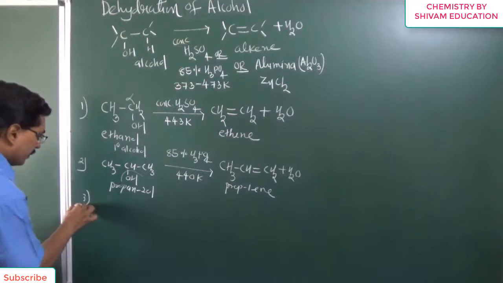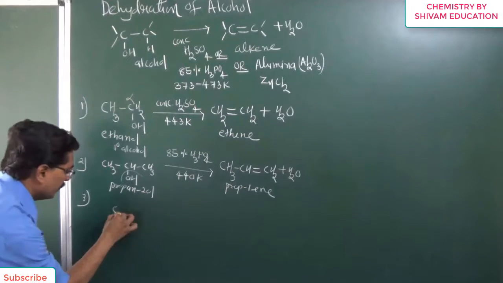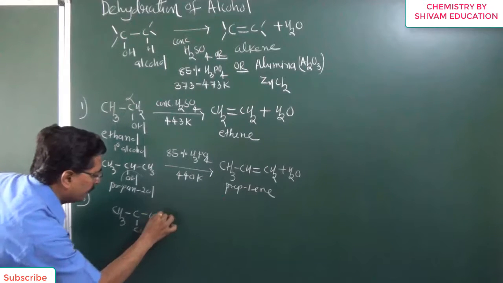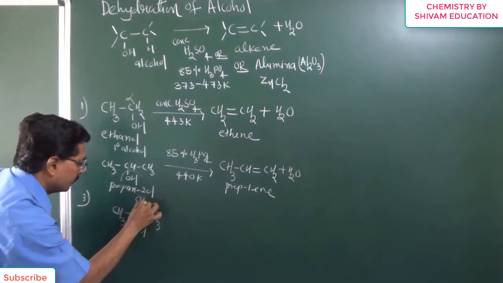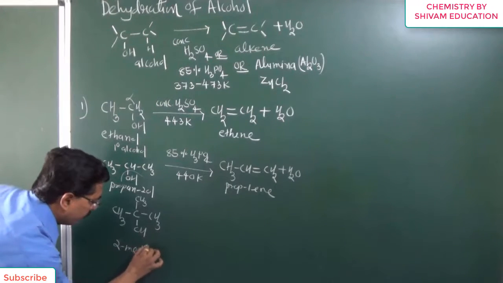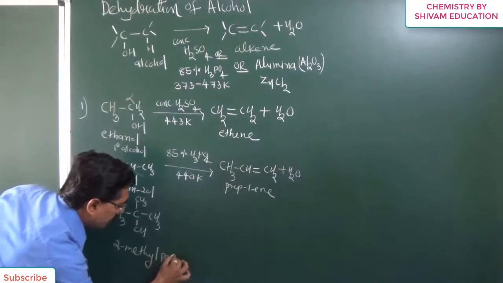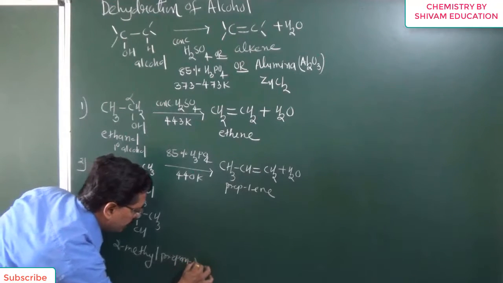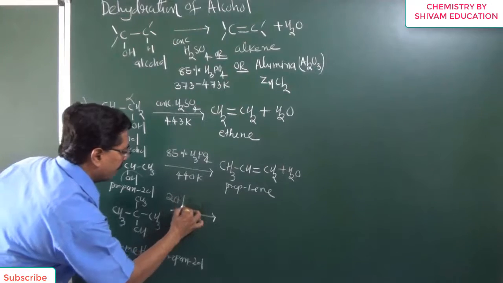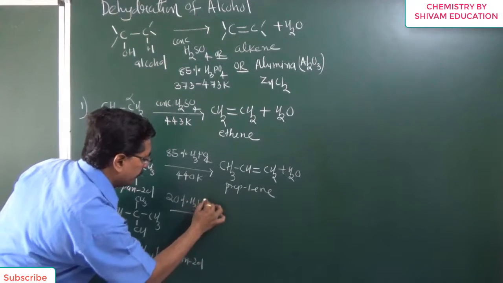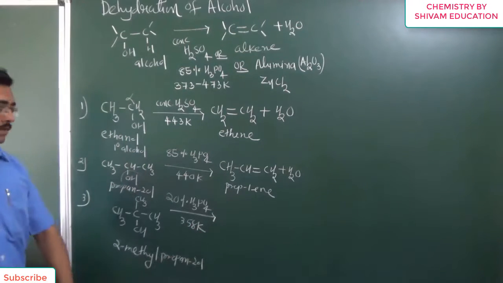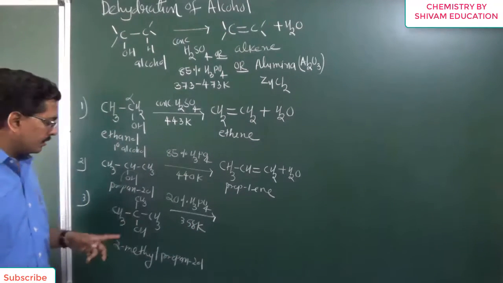And now for tertiary alcohol, suppose I have taken 2-methylpropan-2-ol as a tertiary alcohol. Now by using 20% phosphoric acid and at 358 Kelvin temperature, the dehydration reaction occurs.